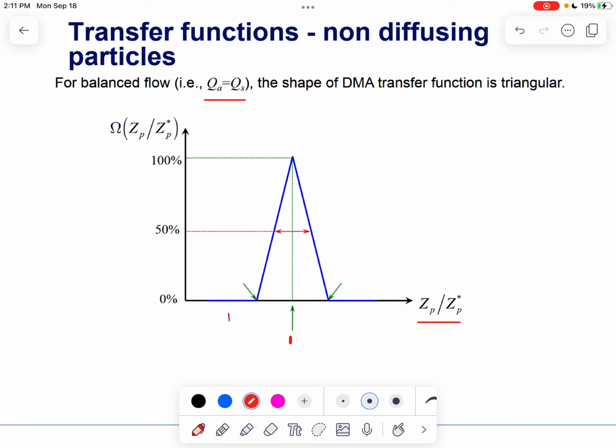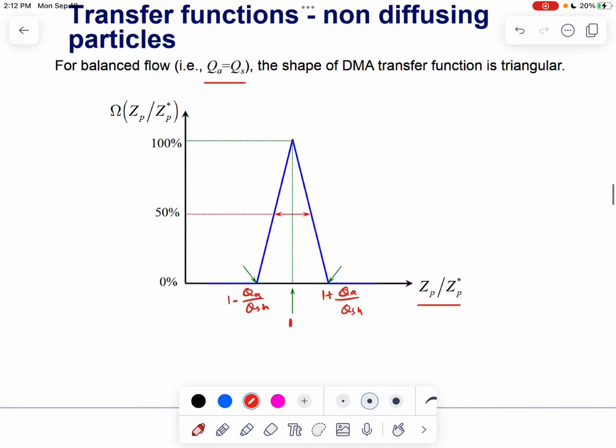Then you are going to have 1 plus QA divided by Q sheath, and then here, let's first write it out, this one should be 1 minus QA divided by Q sheath flow. And then at this perfect or centroid electrical mobility, you have 100% transfer function.